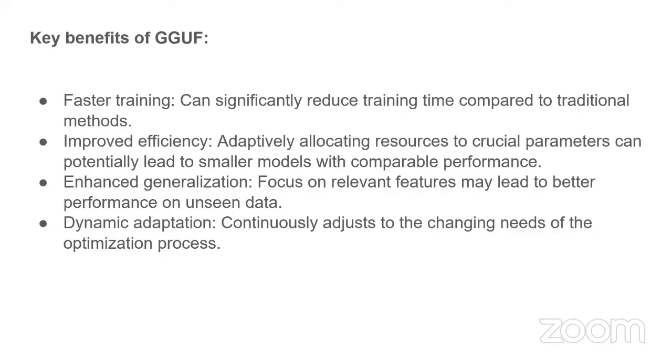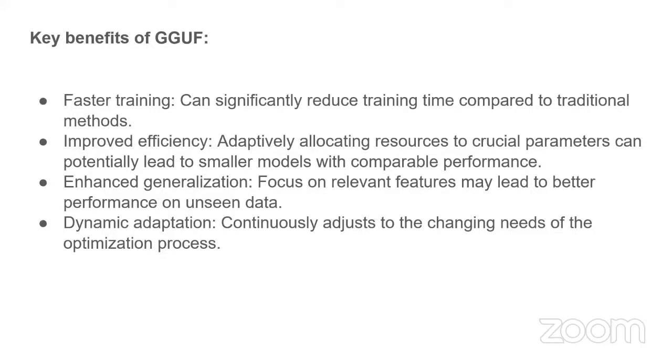Then there is improved efficiency. GGUF smartly allocates resources to the most important parameters. This means that the model can potentially be smaller while still performing just as well as larger models, making it more efficient.